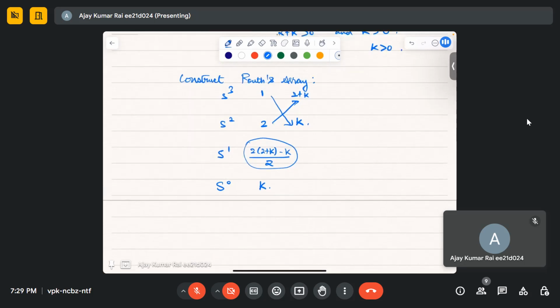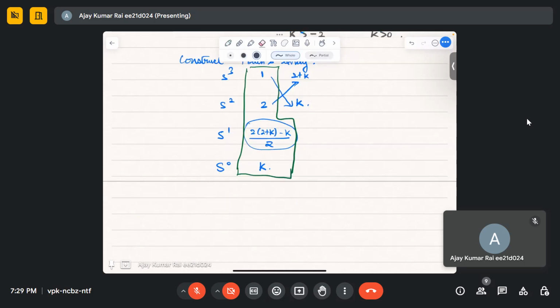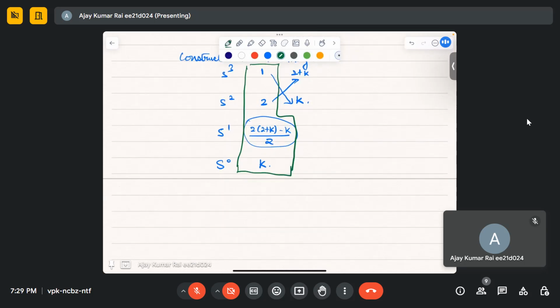And what we have to ensure is there is no sign change in this first column. For that, we ensure this term, 2 plus k minus k, should be greater than 0, and already k should be greater than 0.